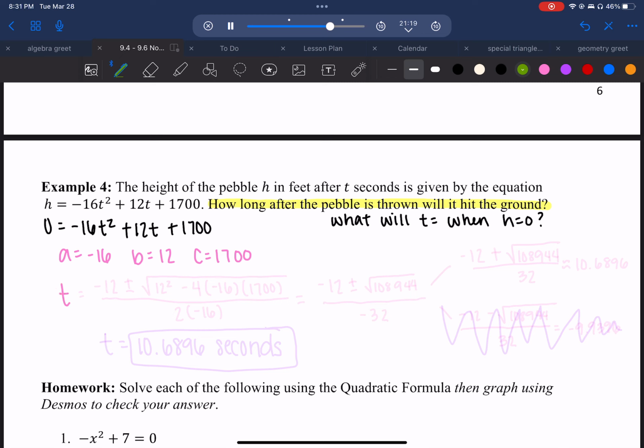So for our quadratic formula, we get t equals negative b, which is -12, plus or minus the square root. Make it a long square root because this is a long problem. 12 squared minus 4 times -16 times 1,700, all over 2 times -16.